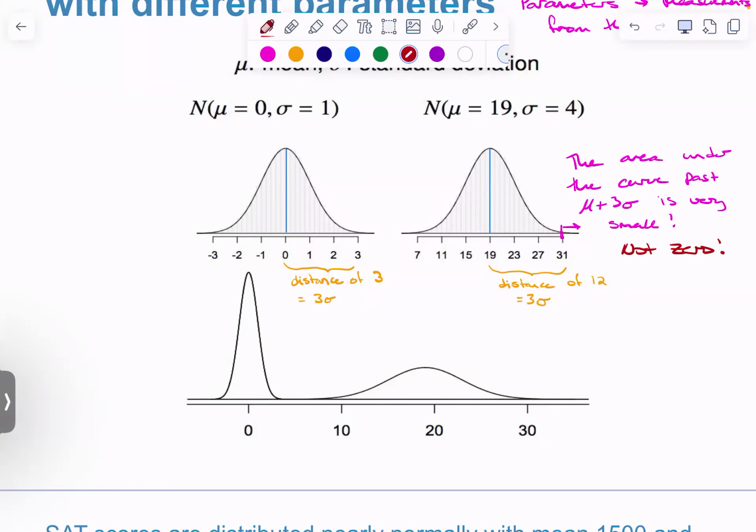And so if we put these histograms or distributions on the same scale, they would look like this, right? So here's the one centered on 0 with a standard deviation of 1, nice and tight, okay? And here's the one centered on 19 with a standard deviation of 4, right? Kind of spreads out.